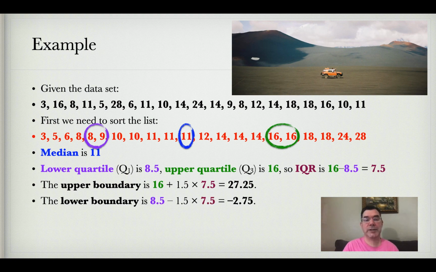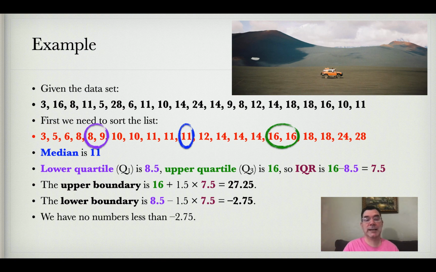My lower boundary is my lower quartile of 8.5 minus 1.5 times 7.5, and that gives me negative 2.75. So anything that is above 27.25 and anything that is below negative 2.75 is going to be considered an outlier.